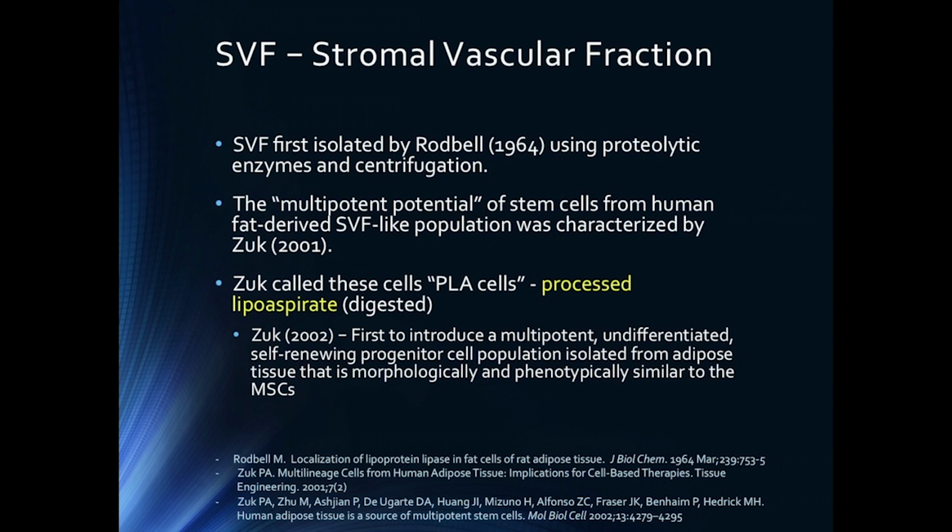Now we're going to talk a little bit about nomenclature. It gets a little confusing. In my world, the musculoskeletal world, we refer to PLA as the processed fat, what you would talk about as being the microfat, nanofat, and so forth. In our musculoskeletal world, we refer to that as PLA, but Zuk actually referred to the cells themselves as being the processed lipoaspirate.